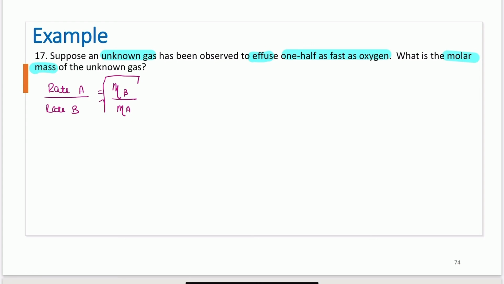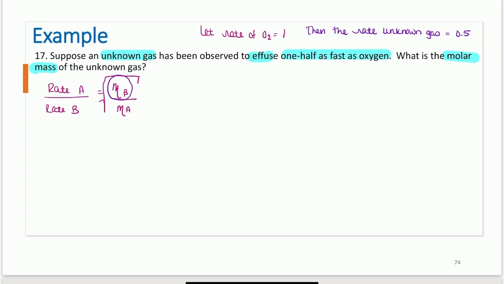Since we don't have values here, I'm going to let the rate of O2 equal 1, then the rate of unknown gas would be equal to 0.5, because it's half of it. I'm trying to solve for the molar mass of my unknown. So I'm going to rearrange this equation.